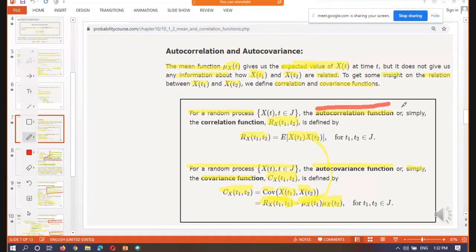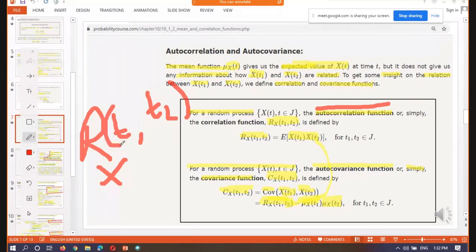You have to remember this word autocorrelation, and it is always denoted by Rx. It means Rx, single process is there, and t1 and t2 are two different instants of time for which we have two different random variables Xt1 and Xt2, and the expectation of this product is known as the autocorrelation function.